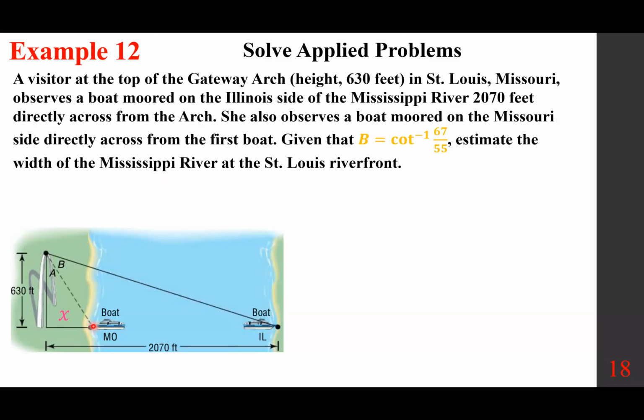We want to estimate what? This distance, which is what? 2,070 minus X. So again, just to recap, we have this distance, 630. We have this distance, 2,070. We don't have this distance, we call it X. If we find this distance, the river has a total width of 2,070 minus X. That's what we are looking for.